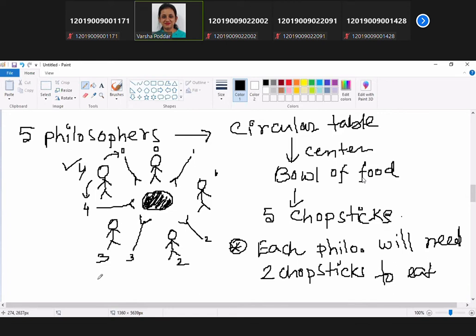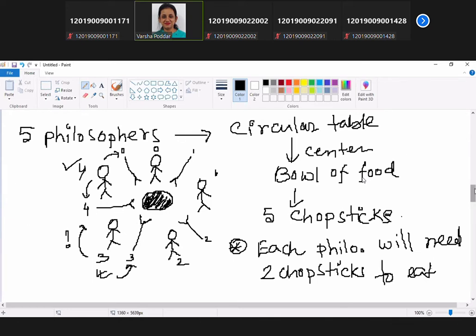At the same time, if 3 also wants to eat, it can get 3, but can it get 4? No, 4 is already occupied by philosopher number 4. Understand the problem. Two philosophers sitting side by side, if both of them want to eat, then it becomes a problem.